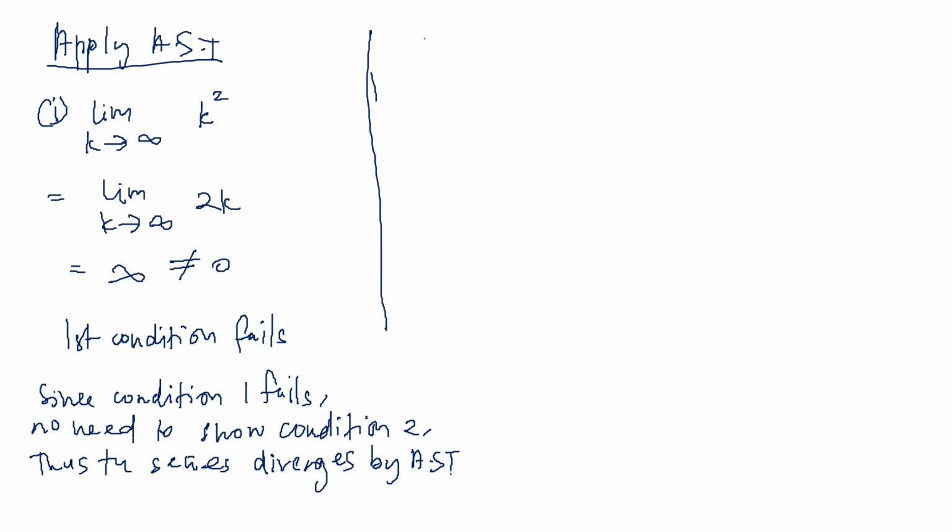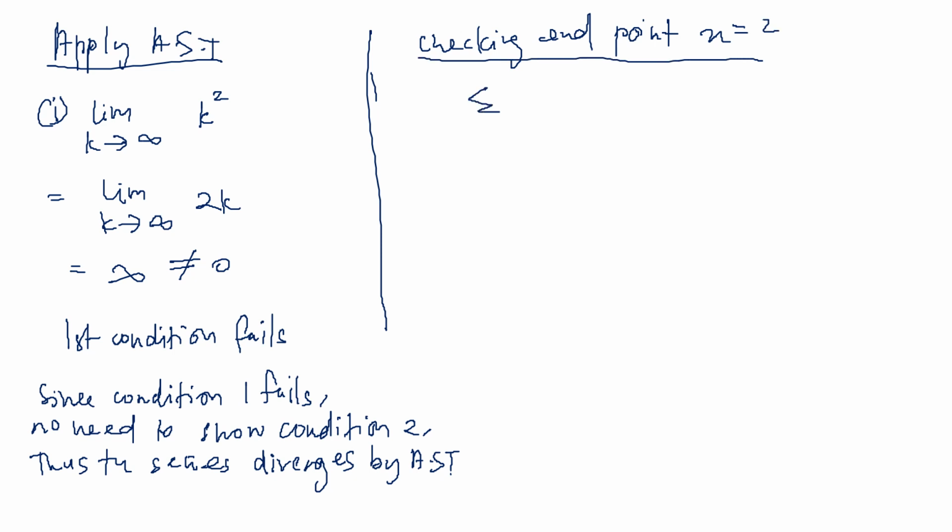Okay, now we continue checking the endpoint x equals 2. The series from k equals 0 until infinity of k squared times (3 times 2 minus 4) to the power of k, divided by 2 to the power of k plus 1.